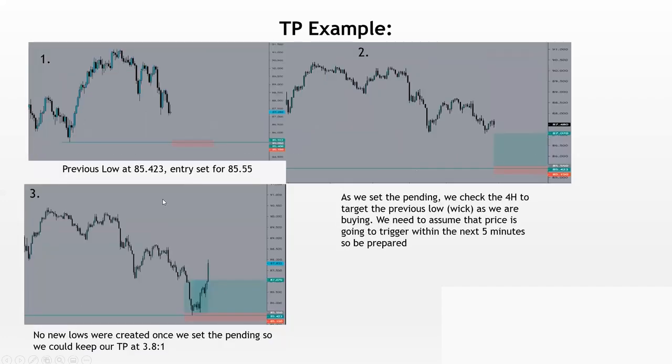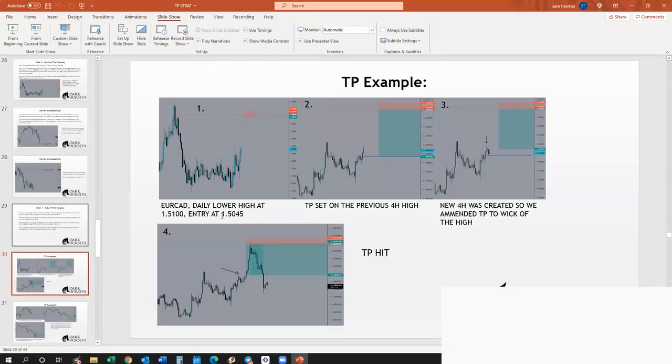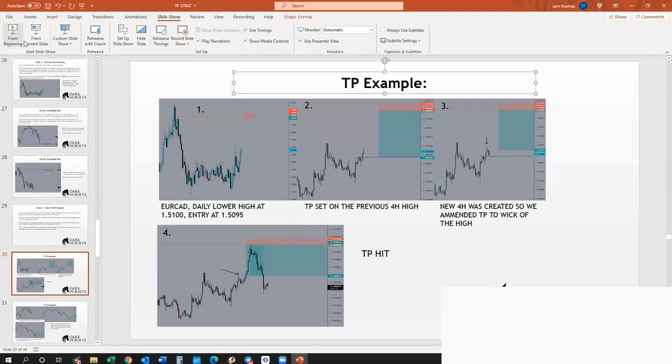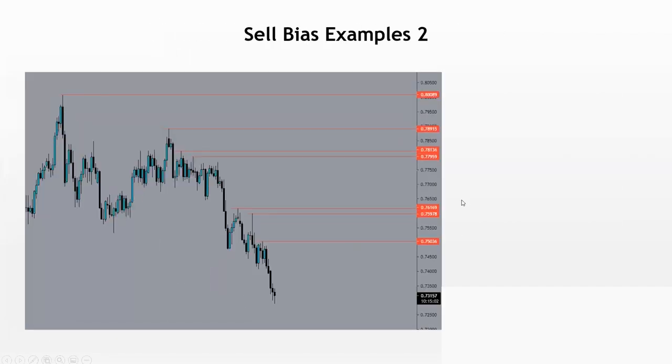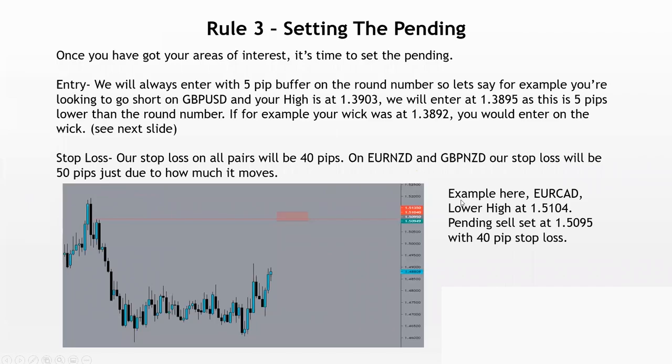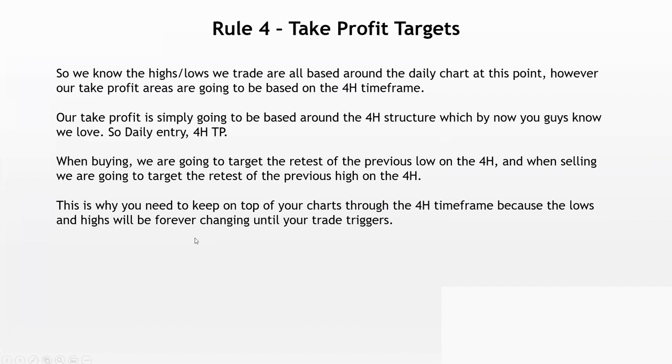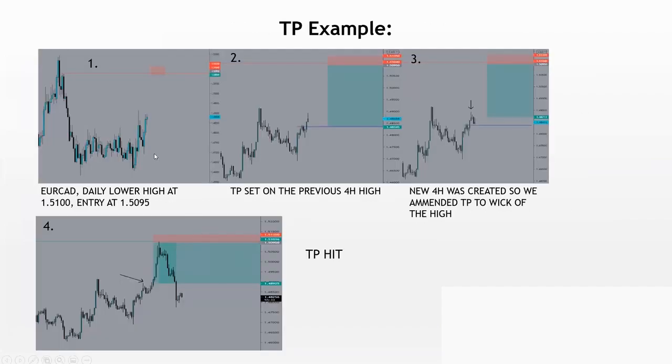In fact, I can just edit this card while I'm on it. Easy as that. So let's go back here. Here we go. Perfect. So now on Euro CAD, your daily lower high is at 1.51 here.